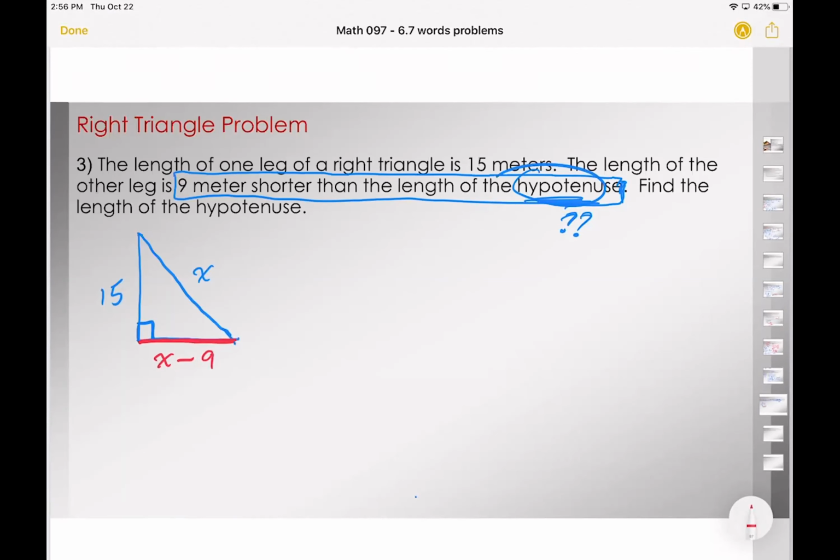So if the hypotenuse is 20, then this item will be 11, because 20 minus 9 gives me 11. If the hypotenuse is 50, this item will be 41. If the hypotenuse is 18, then this will be 9, because 18 minus 9. So that's the idea: you have to take this wording.